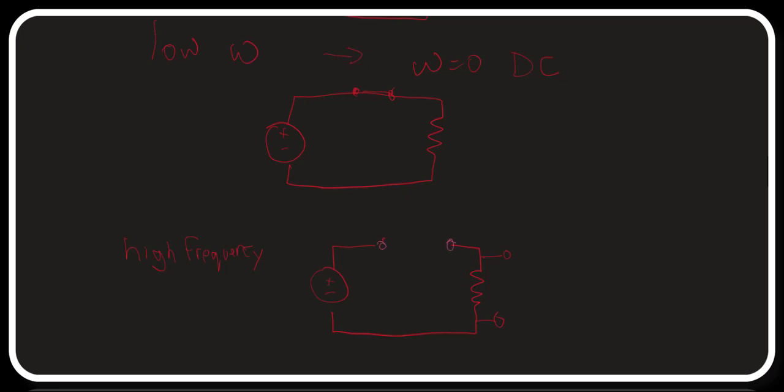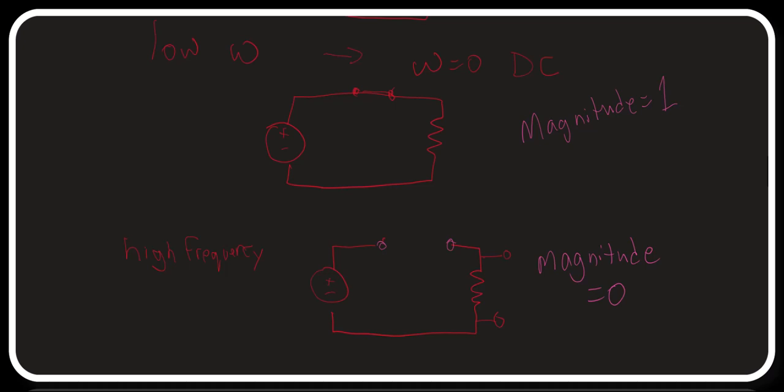So at high frequency, our magnitude equals 0, and at low frequency our magnitude, which is just the gain, what you would multiply it by, is 1.